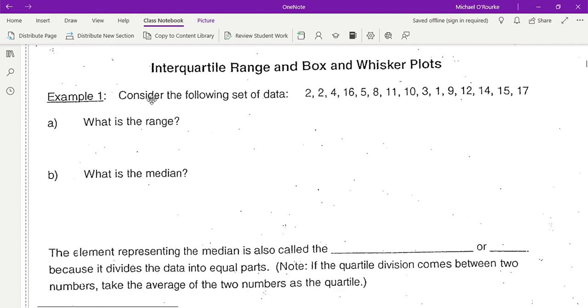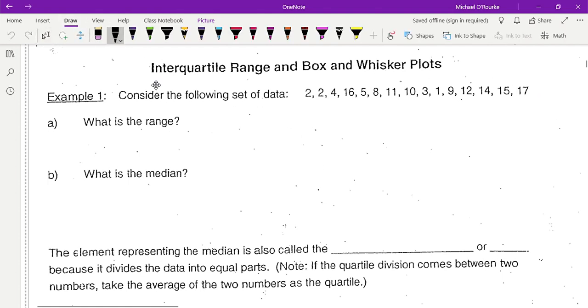Right? So first of all, what's the range of our data here? The first thing we have to do, and we are doing interquartile range in a box and whisker plot, even though that sounds like a cat. Okay? So what's the range of our data here? And how do we do range again? High minus the low.